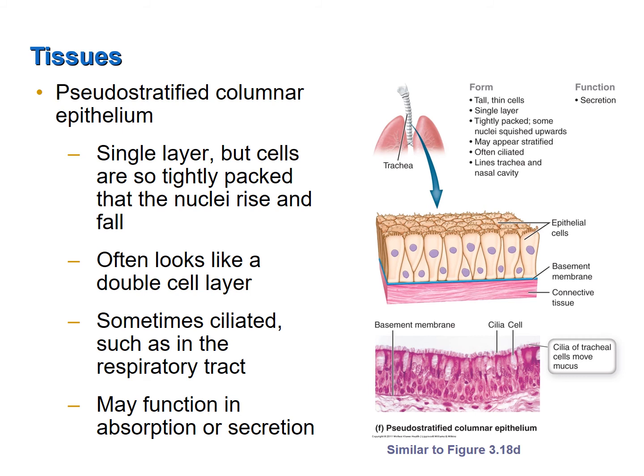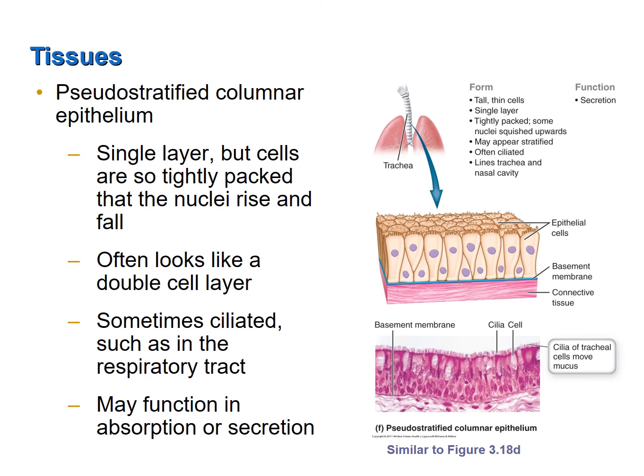What makes it appear to be stratified is the fact that these cells are so tightly packed together that the nuclei are forced up toward the apical surface, while other nuclei are forced down toward the basal surface. And so when you look at the tissue, you see the nuclei bouncing around, and it gives the illusion that you are looking at multiple layers of cells.